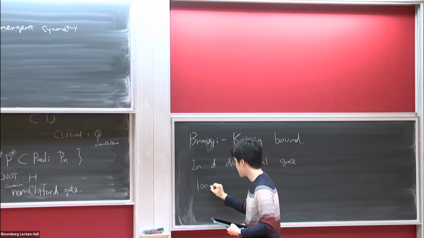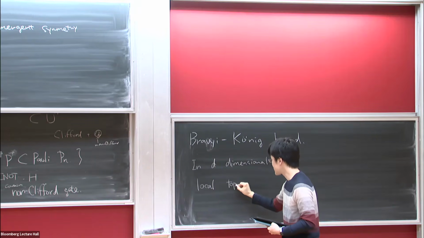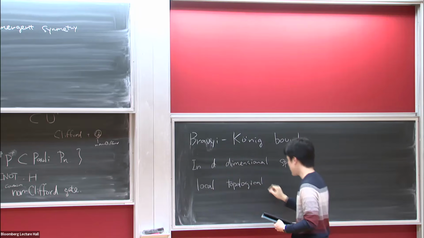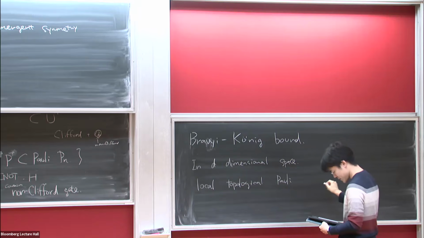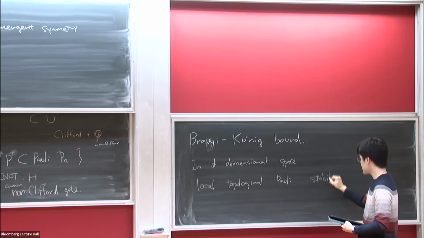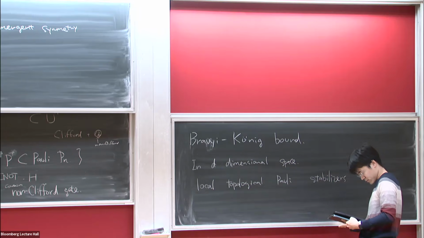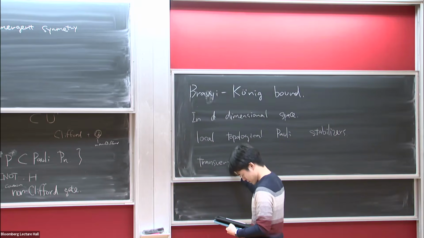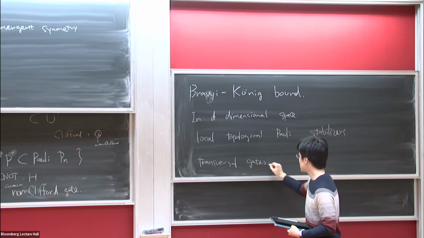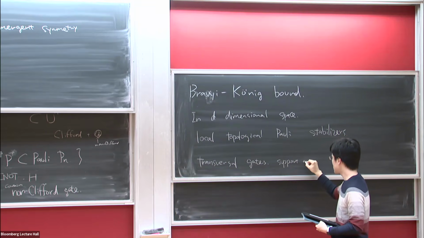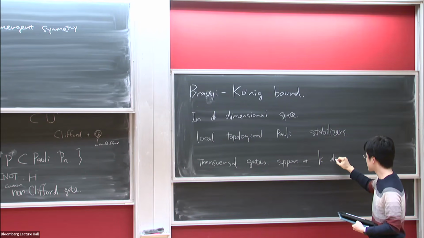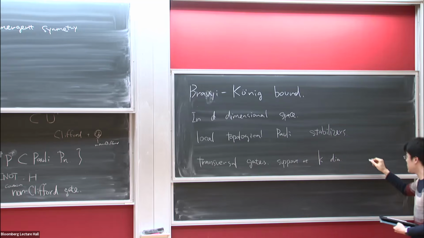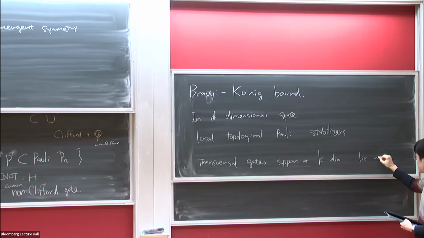If you have a local Pauli transversal gate, so that in three-dimensional space, it must lie within the edge of A. That's a motivation to define a Clifford hierarchy in this context.